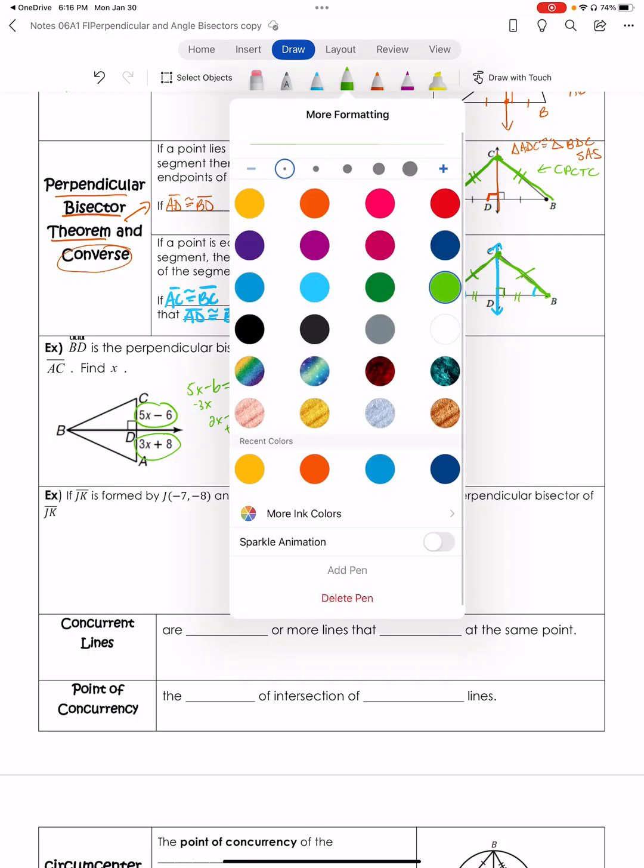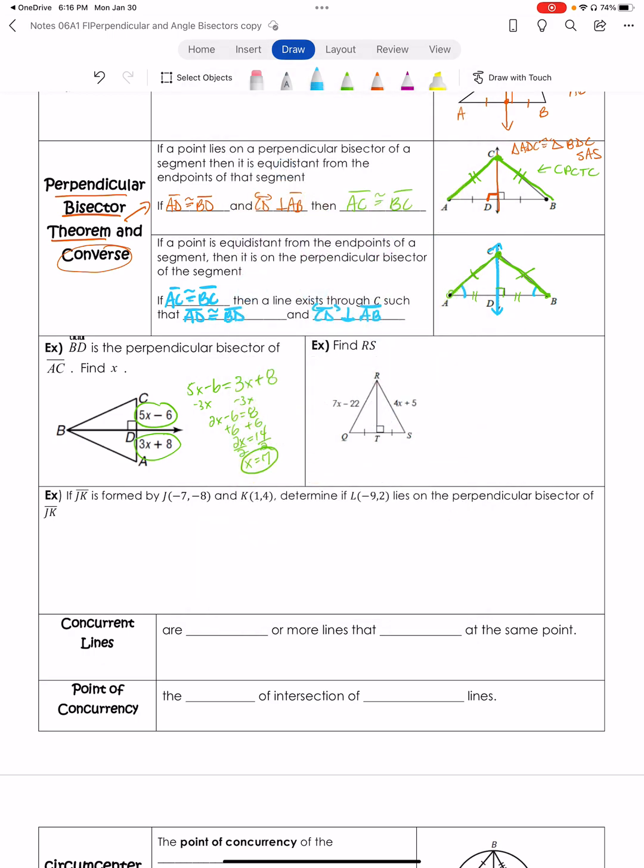For the next example, if this is perpendicular and bisects, I know this distance has to be the same as this distance, because if it's perpendicular and bisects, it has to be equidistant from the endpoints. So I know 7x minus 22 must be equal to 4x plus 5.